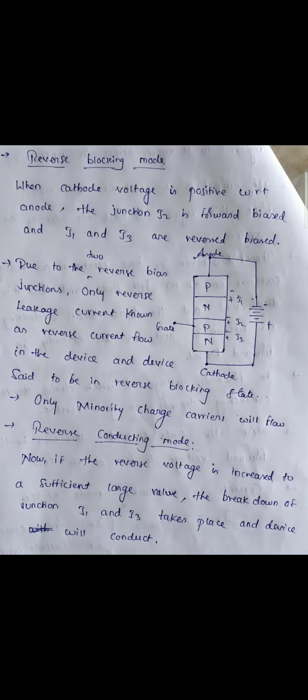When the cathode voltage is positive with respect to the anode, junction J2 is in the forward bias, whereas J1 and J3 are in the reverse bias condition. So it is quite opposite to the forward blocking mode.